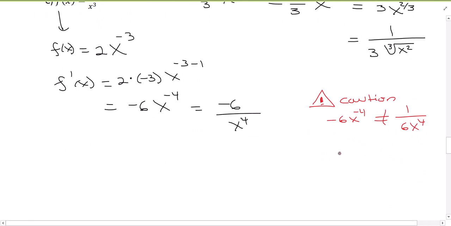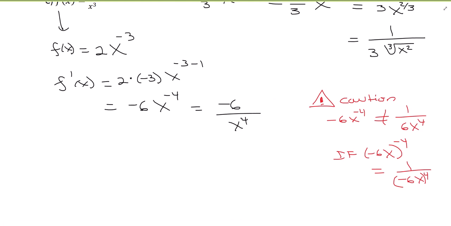So if you had minus 6x in parentheses and then that to the negative 4, then this will be 1 over minus 6x to the fourth. That's when the whole thing will come downstairs, the coefficient too, if it's in the parentheses and the whole thing is to the negative. Here, the negative 4 only belongs to the x, so only the x goes to the bottom.